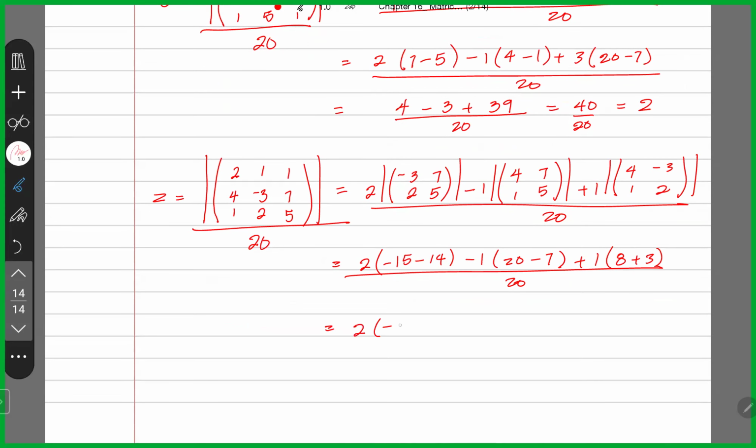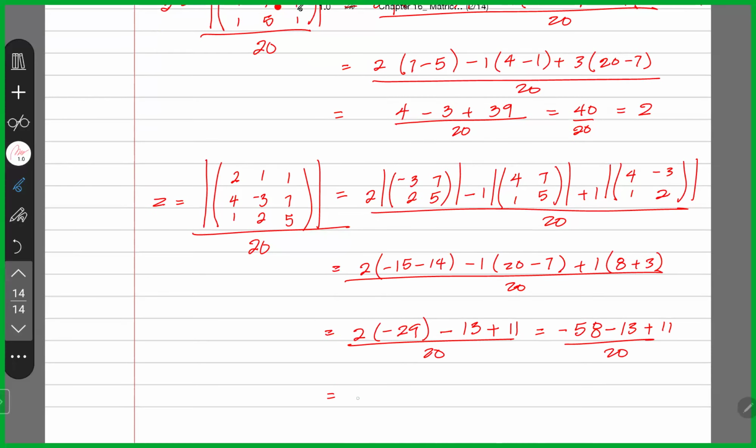2 times minus 29, minus 13, plus 11, over 20. This is minus 58 minus 13 plus 11, so minus 60 over 20.